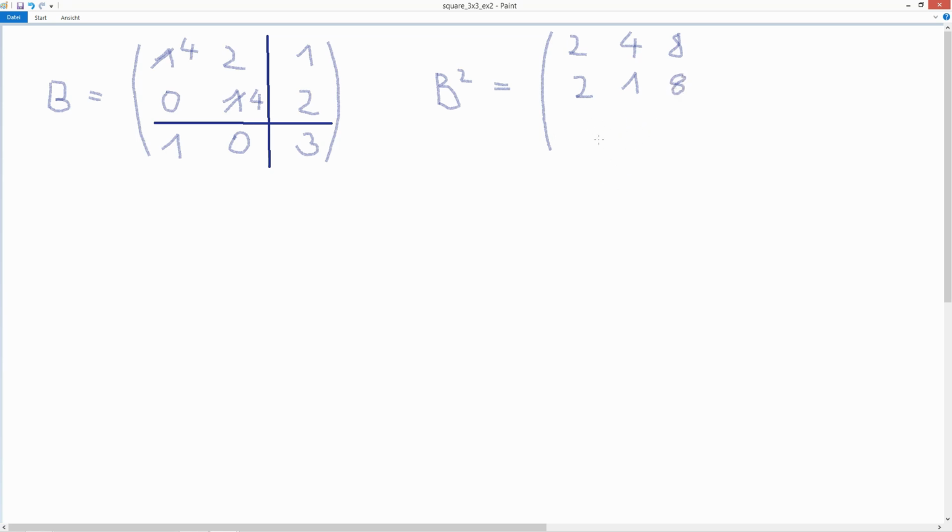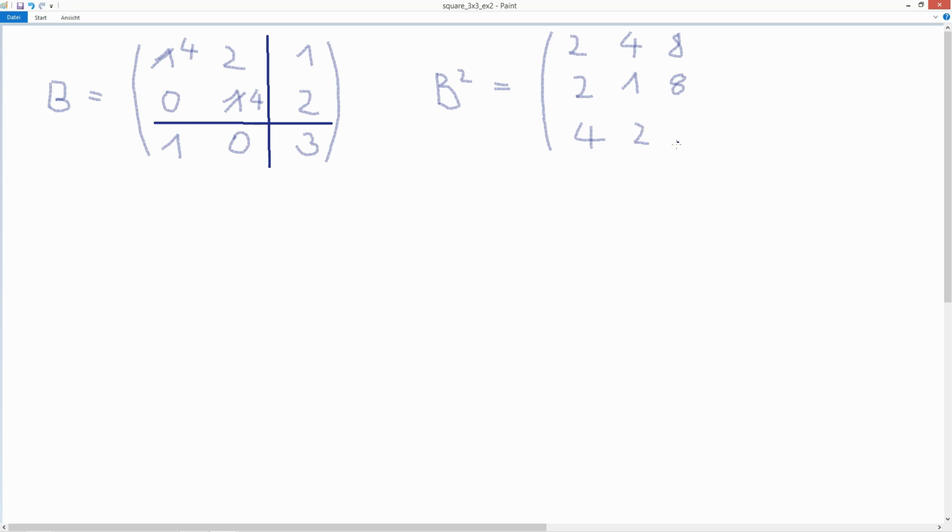For these two entries here, I have to calculate C, so the vector 1 and 0, times this matrix. I will do it like this: 1 times 4 plus 0 times 0 is 4, and 1 times 2 plus 0 times 4 is 2.